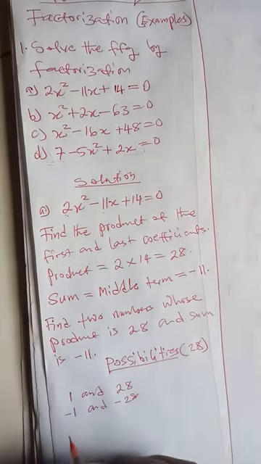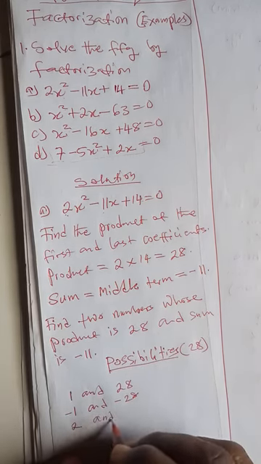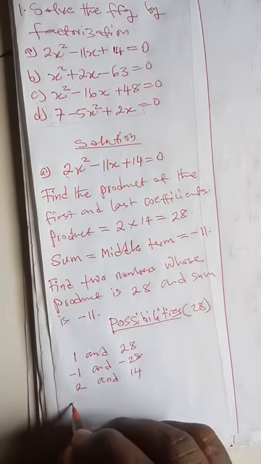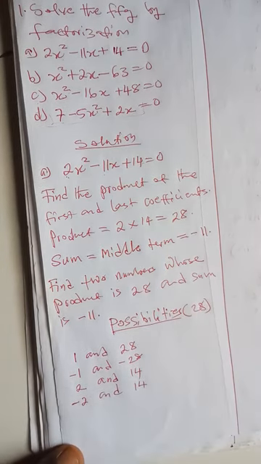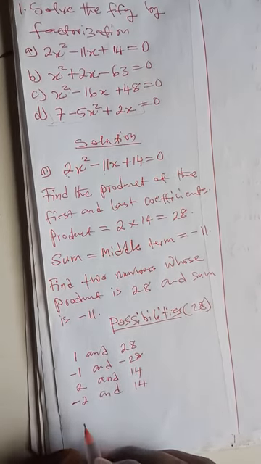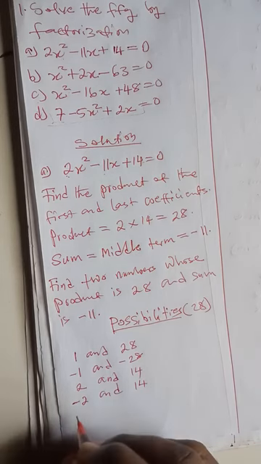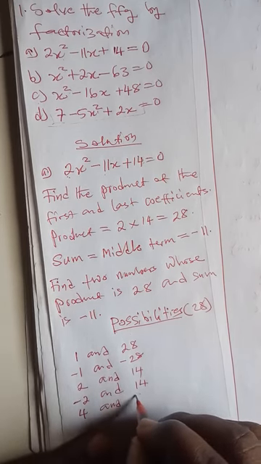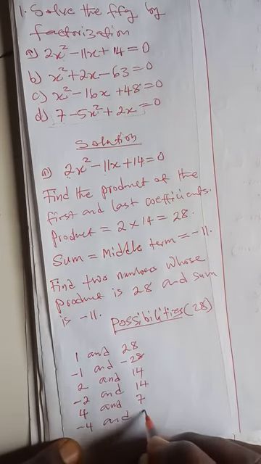Now, the next factor of 28 is 2, because 2 can go in 28. 2 and 14, or minus 2 and minus 14. What else? 3 cannot go in 28, so 3 isn't a factor of 28. What about 4? Yes, it can go: 4 and 7, or minus 4 and minus 7.